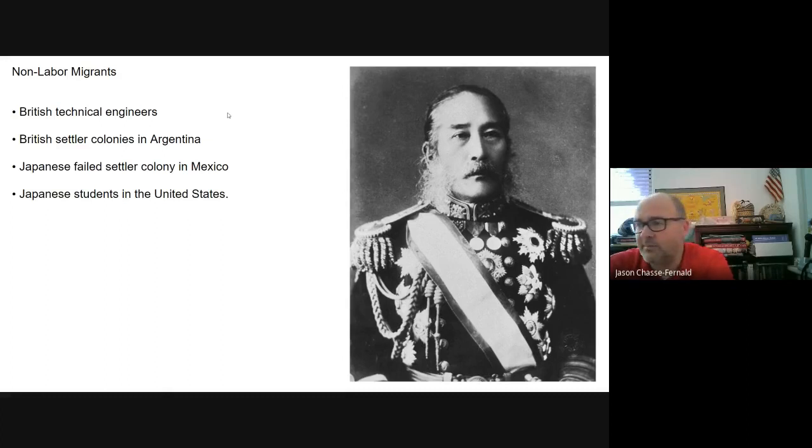But anywhere the British are building railroads, you're going to have a lot of British migrants: technical workers, engineers, and such. But you also have the educated people within the colonies who are going to be moving as well. Probably the most famous non-labor migrant within the empire would be Mahatma Gandhi.